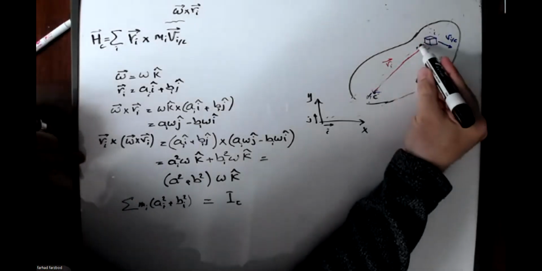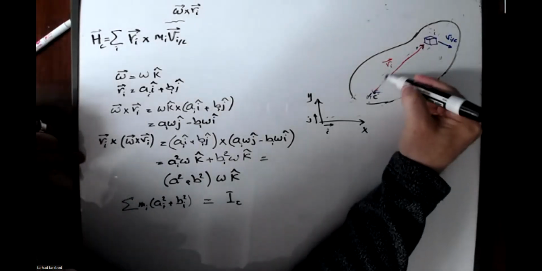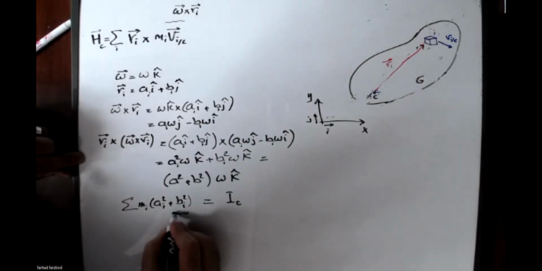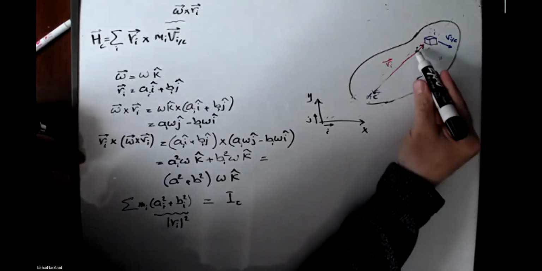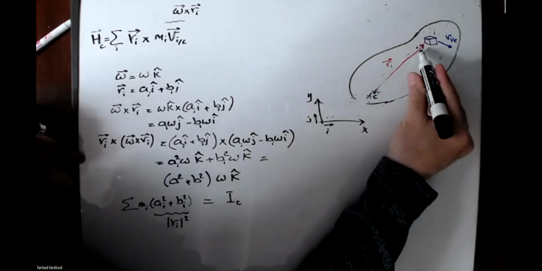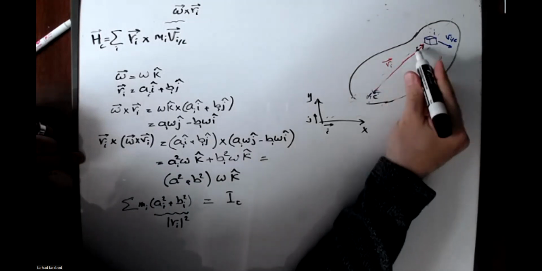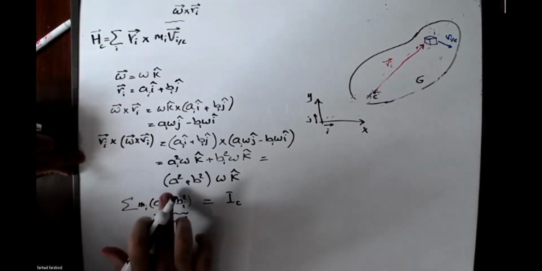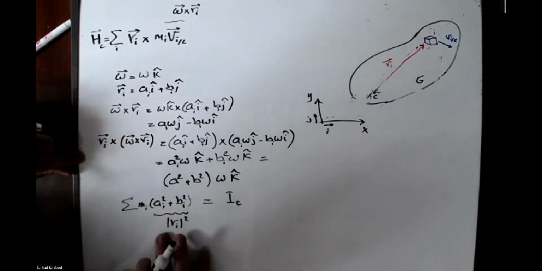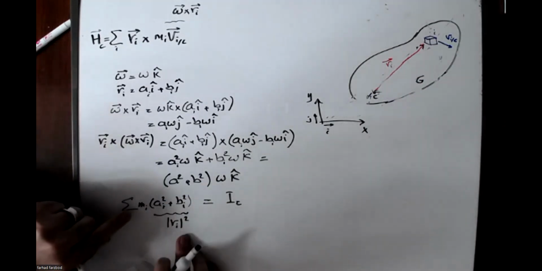Because it is summation of the distances. This is Ri, the magnitude of that square, right? Because R is a i hat plus b j hat. So magnitude of that is the square root of that. And because this is square root to the power of 2, so this is mi Ri square.